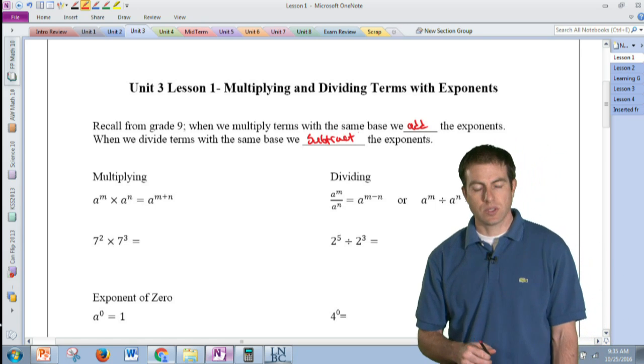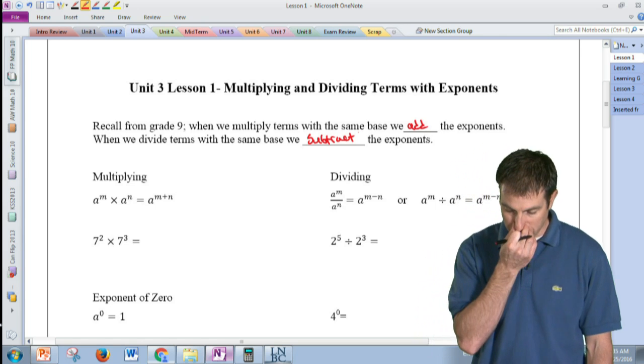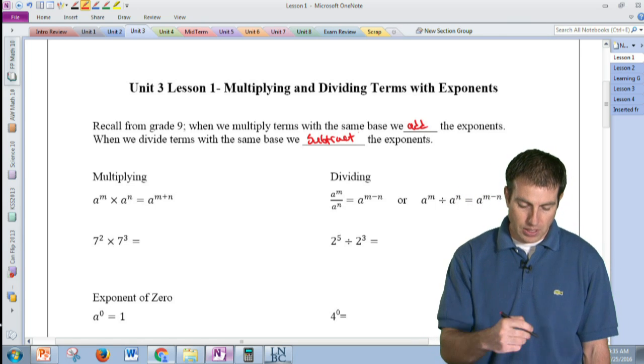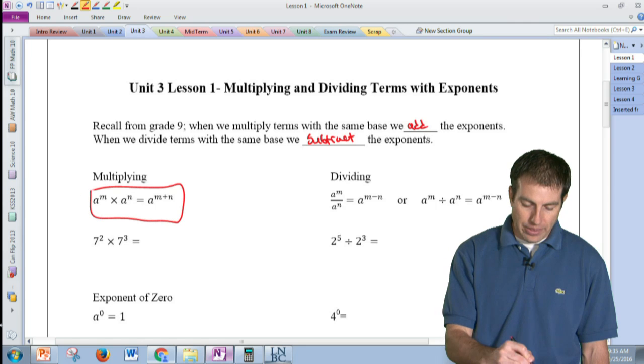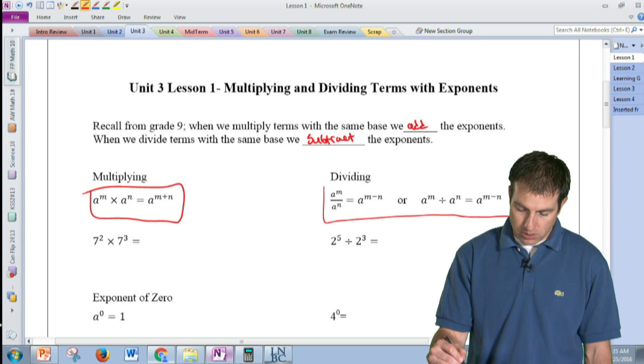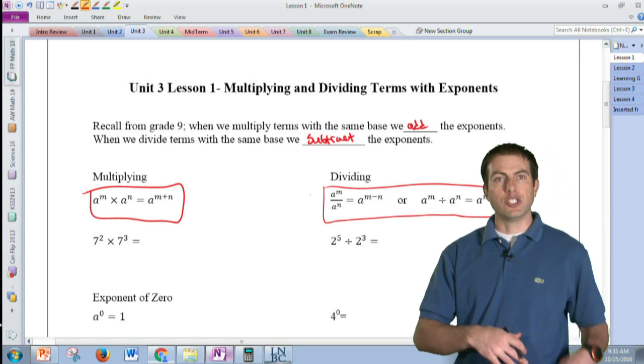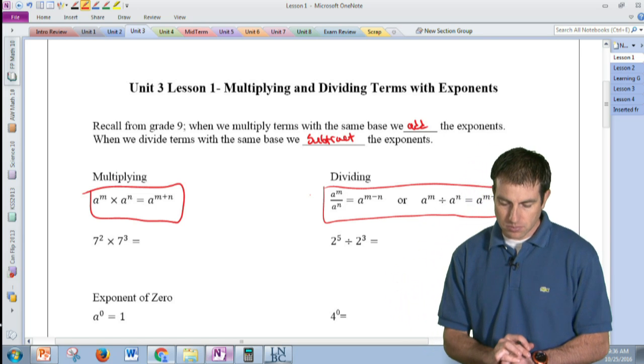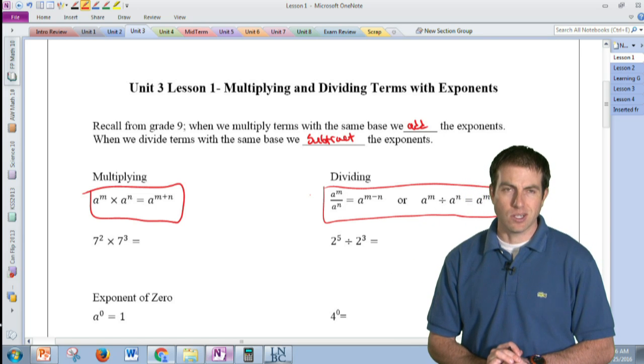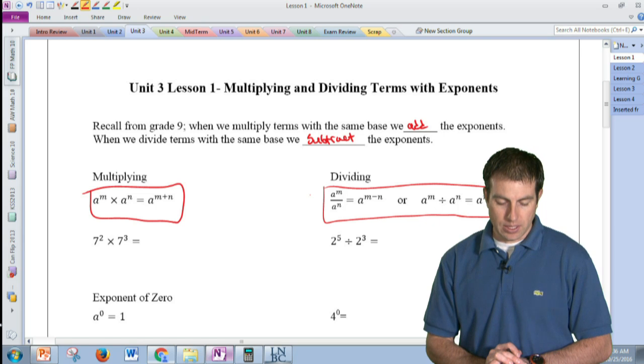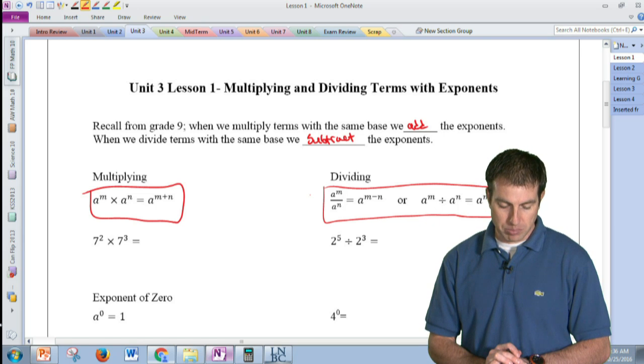This is something you probably would have covered last year. Adding and subtracting the exponents works for everything. So let's look at some examples.